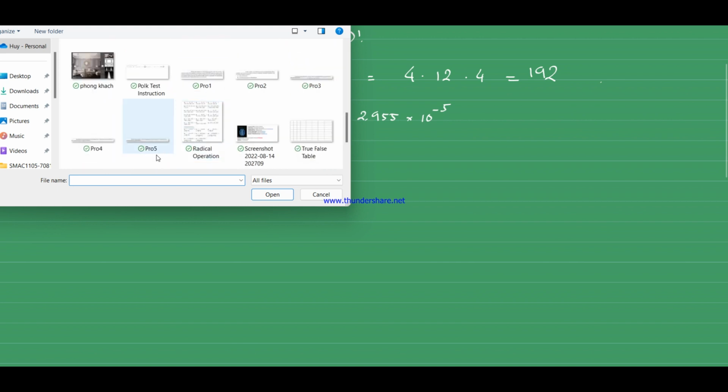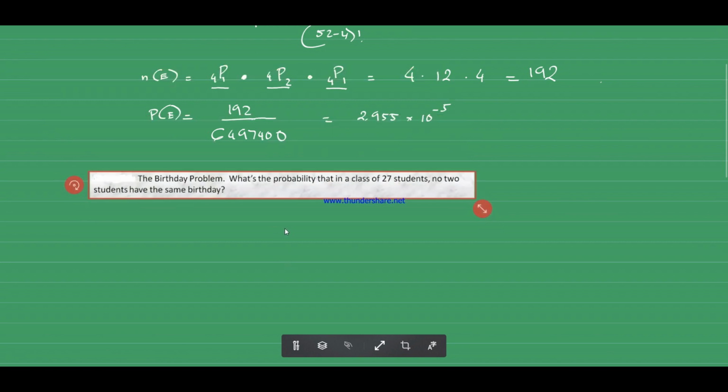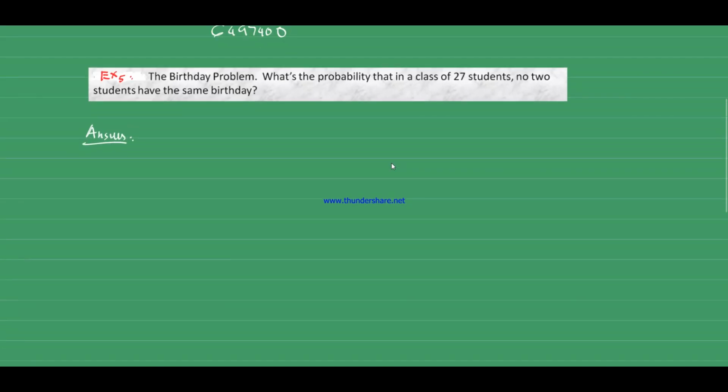All right, example number 5. Okay, so we have a birthday problem right here. What's the probability in a class of 20 students that no student has the same birthday?